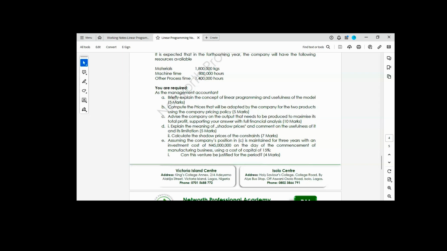All right. So when you talk about cost volume profit analysis, it simply means the application of marginal costing concepts to establish a relationship between costs, volume, and profits at different activity levels. And then, of course, CVP analysis is also known as break-even analysis. Break-even is a situation whereby total revenue will equate total cost.